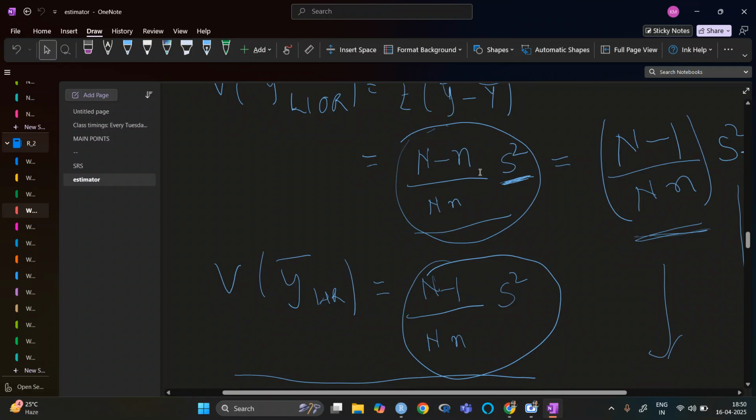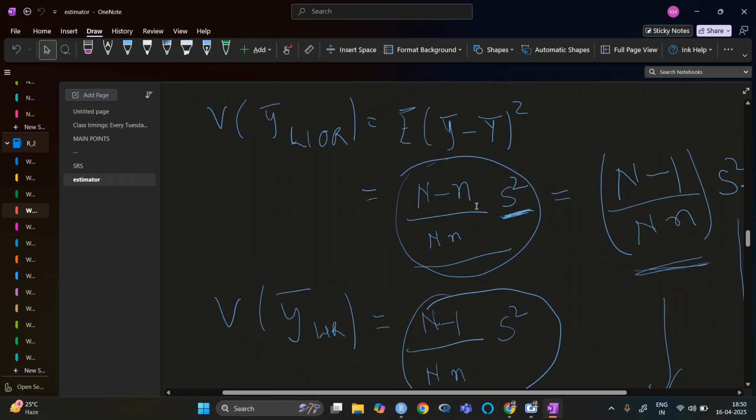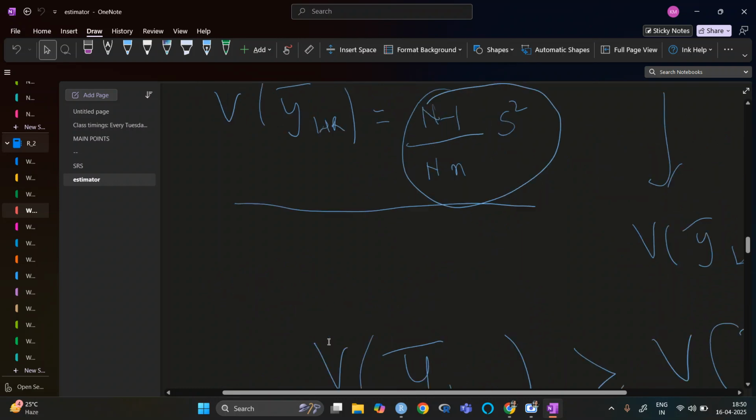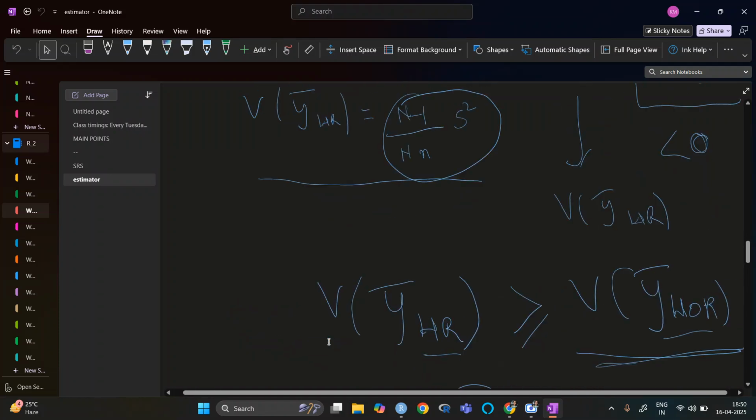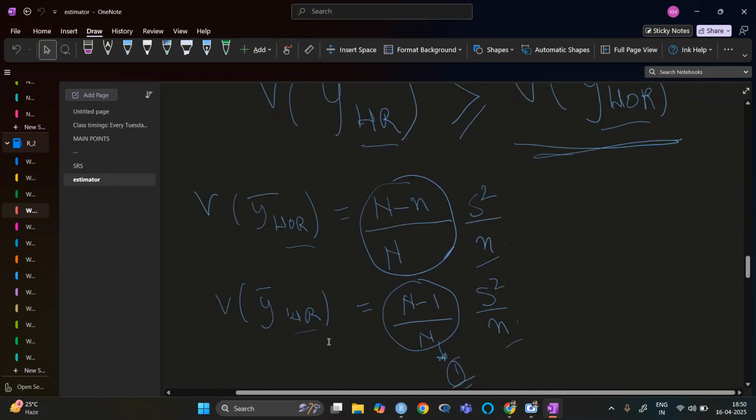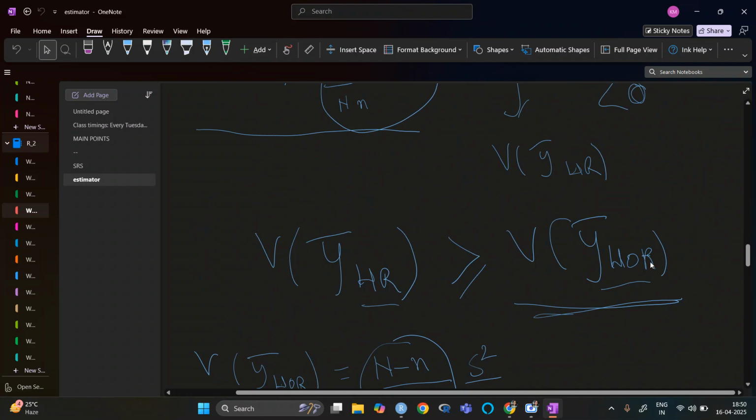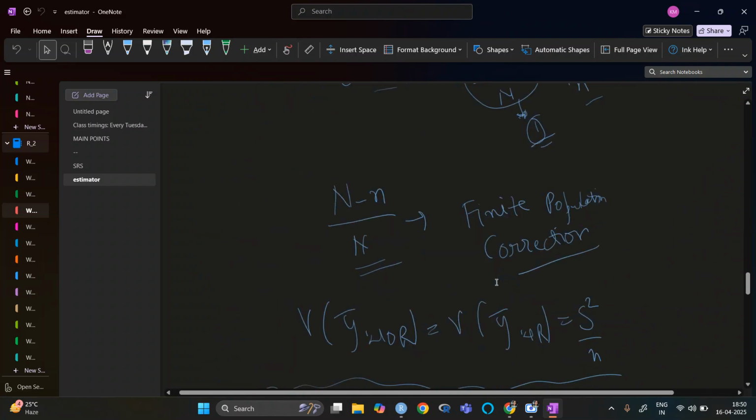As soon as n is greater than 1, this is going to decrease, so this one will always be less than or equal to this. So the variance under without replacement is always smaller than the variance under with replacement. That is one point you need to remember.